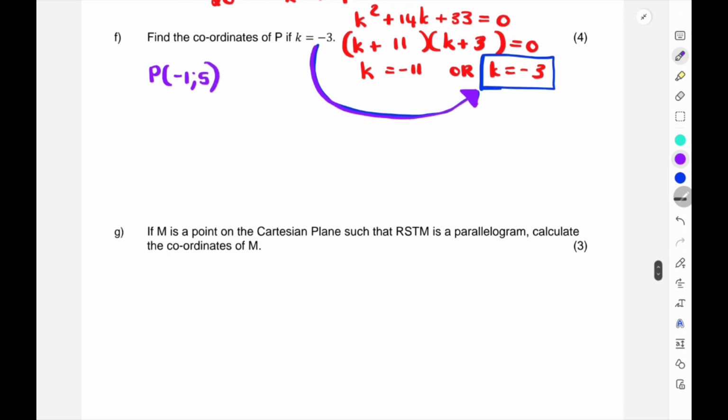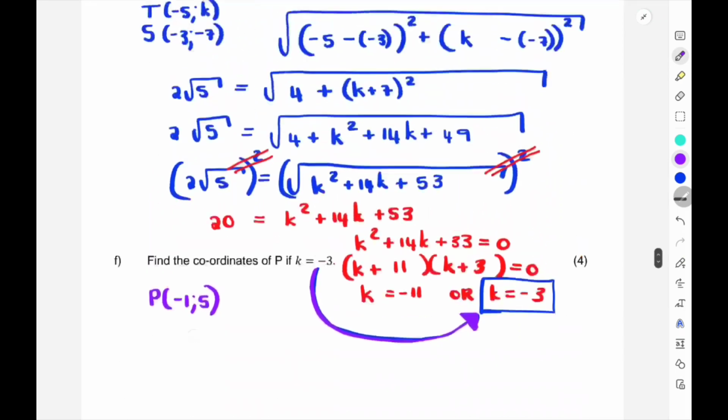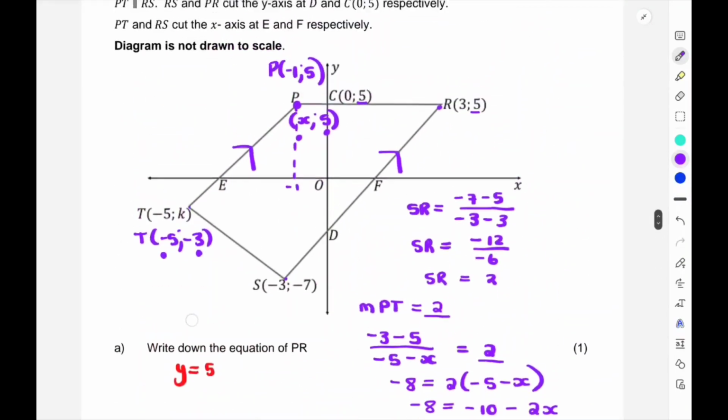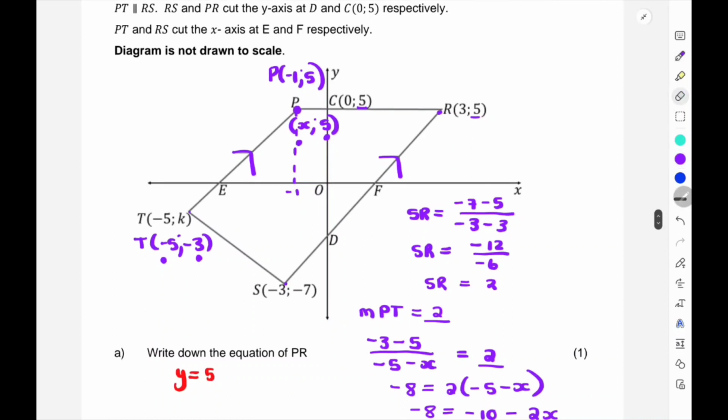Then they say to you, if M is a point on the Cartesian plane such that RSTM is a parallelogram, so very important, parallelogram, calculate the coordinates of M. Let me just erase everything around here.